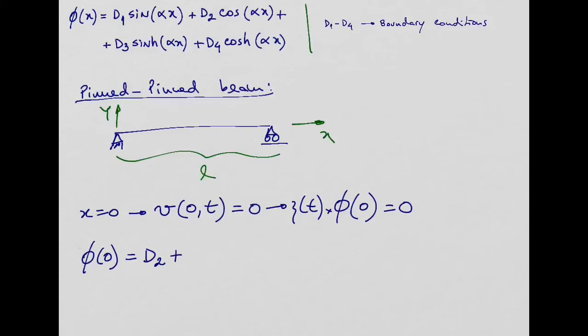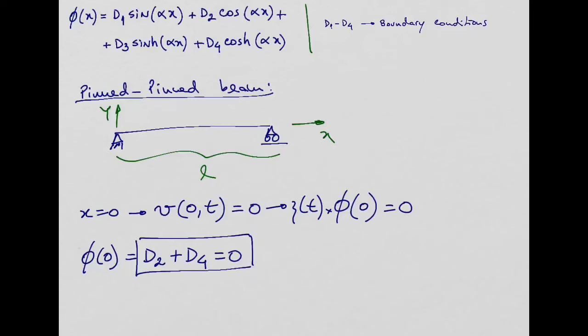So I will get d4. d2 plus d4 needs to be equal to 0 because of the boundary condition, or because of the support. The deflection at that point is equal to 0. So we get this equation. We need to keep it. We are going to be looking for these d1, d2, d3, d4 constants, right?